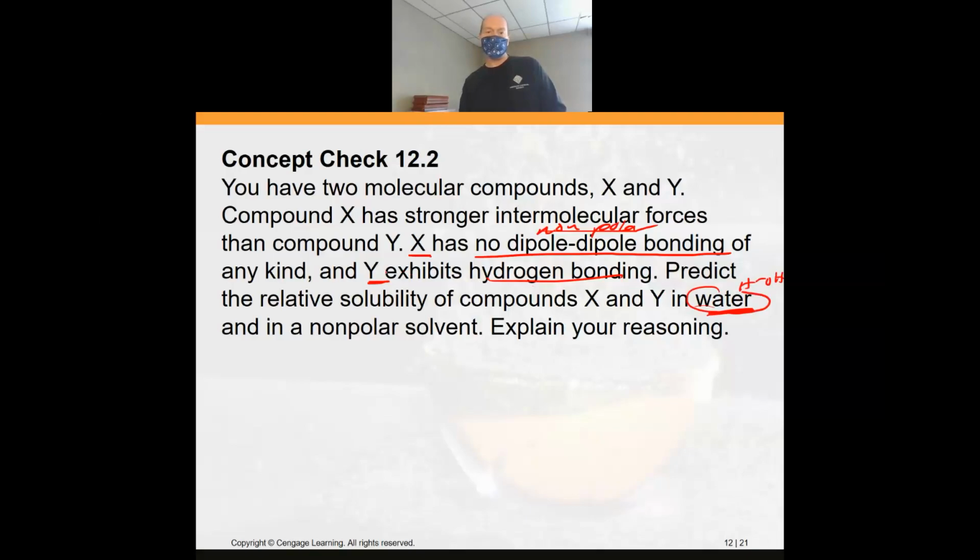Again, like dissolves like. Y is going to dissolve in water. X is not going to dissolve in water. X is nonpolar. Water is polar. You have your water molecule, it's bent, it is polar. Y has hydrogen bonding, water has hydrogen bonding, and so you will be able to dissolve Y in water.